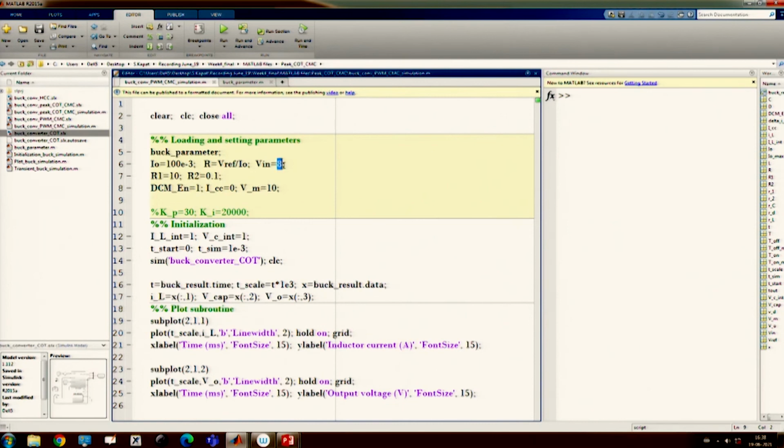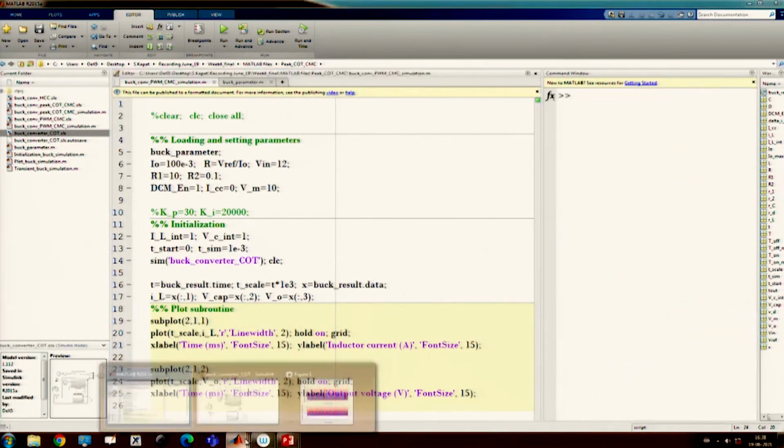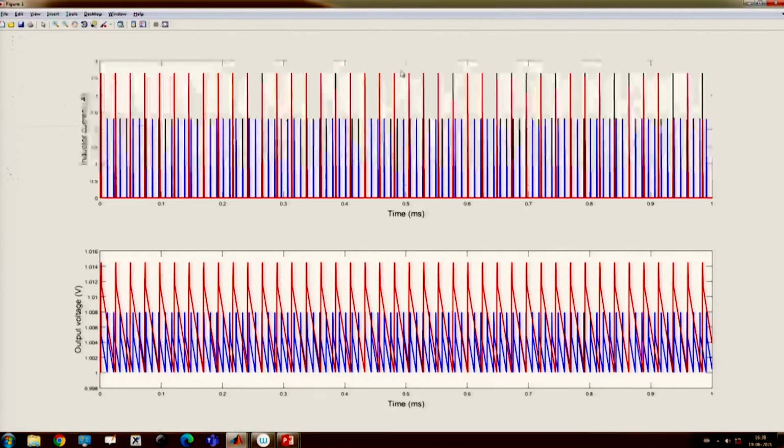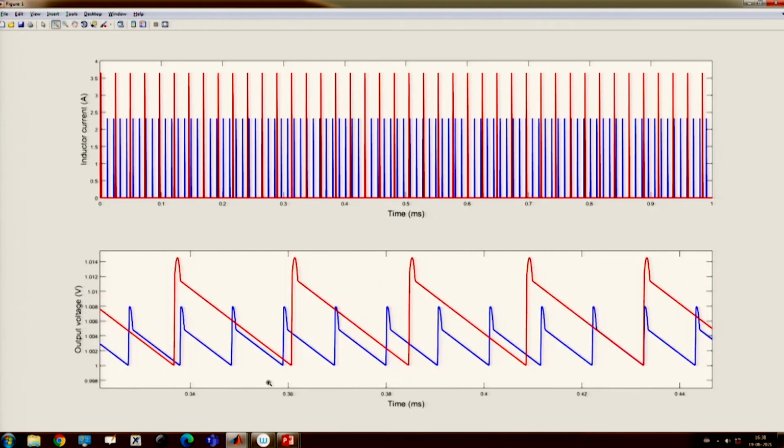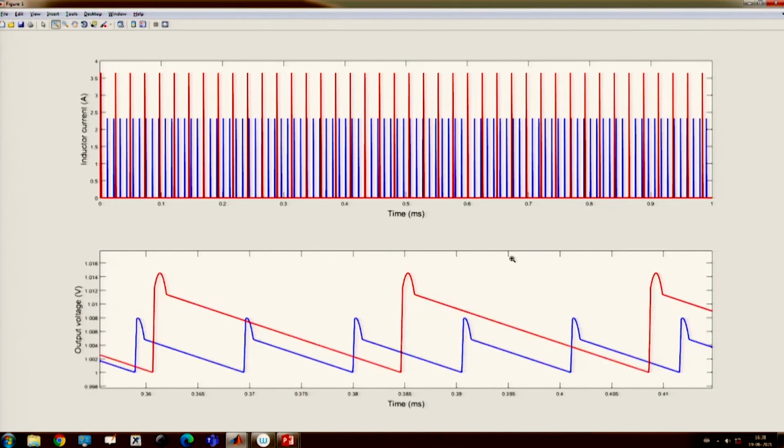Now, we are making the input voltage 12 volt and running it. What we will find is that at 12 volt input, not only has the time period changed, but it has significantly increased the output voltage ripple, and it can go beyond the tolerable limit. So, we need to do some sort of adaptation.